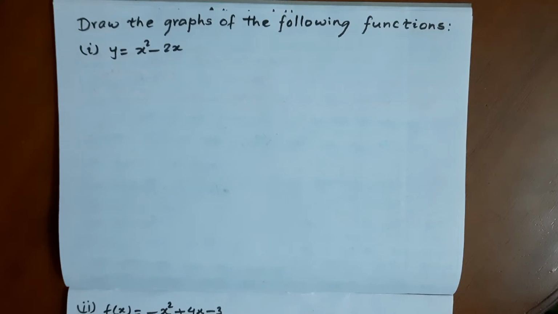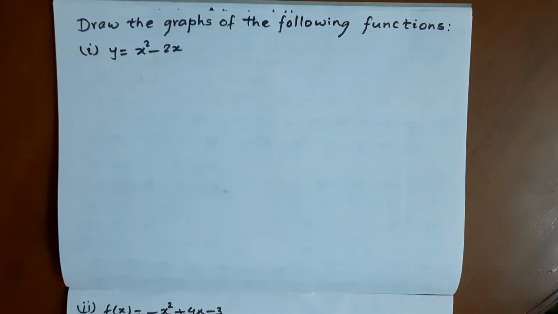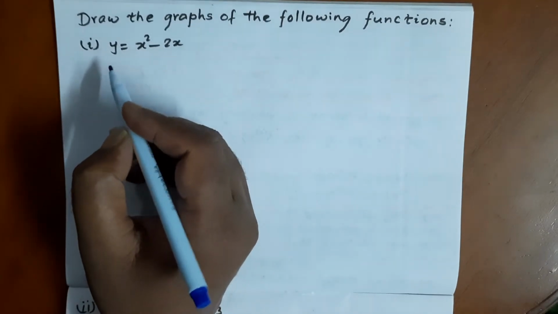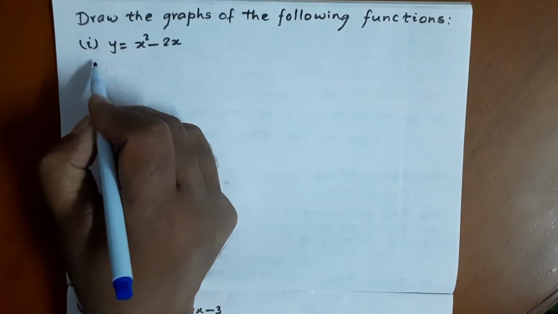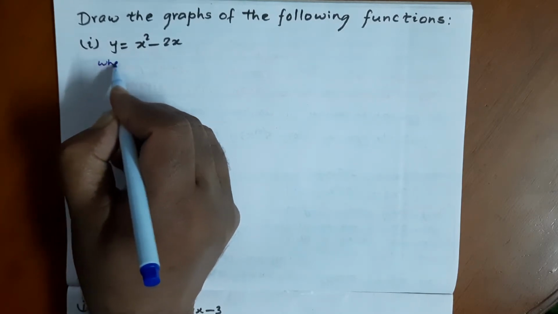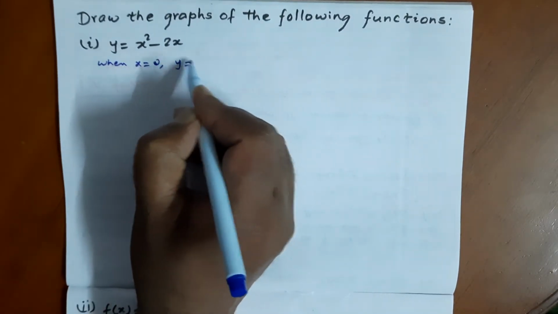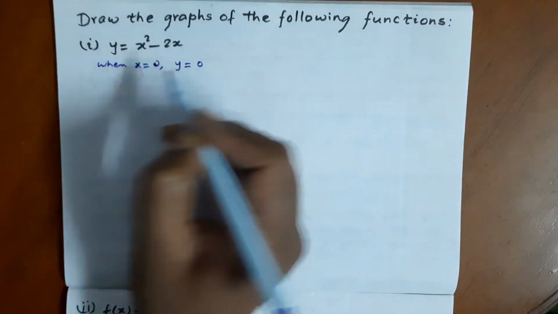When we put x equals 0, we will get the point where the curve intersects the y-axis, and when we put y equals 0, we will get the point where the curve intersects the x-axis. So first, when x equals 0, y equals 0 also.